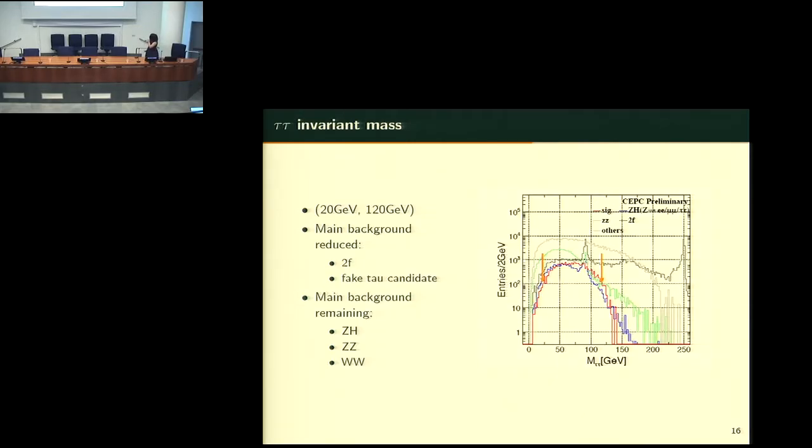First, the invariant mass of the tautau system, we use it to reduce the background where the taus we found are not really taus, but fake taus. So their invariant mass should not be in our signal region.